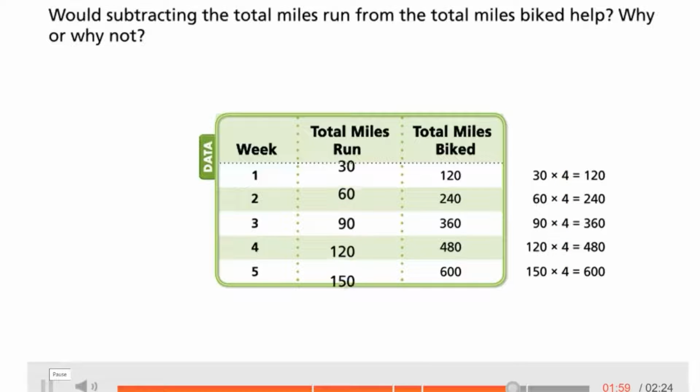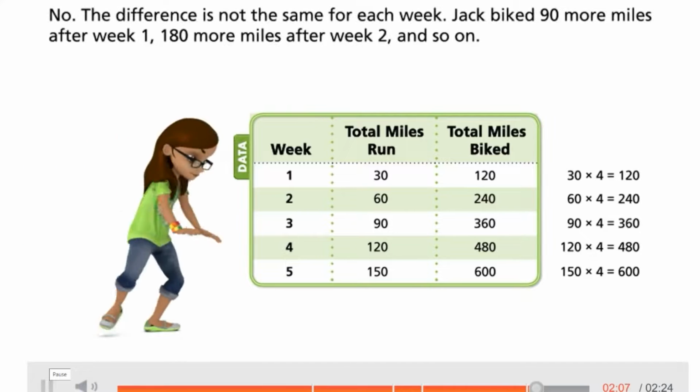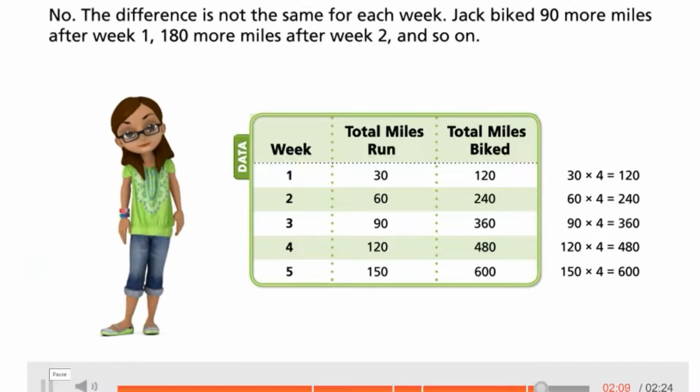Would subtracting the total miles run from the total miles biked help? Why? Or why not? No, the difference is not the same for each week. Jack biked 90 more miles after week 1, 180 more miles after week 2, and so on.